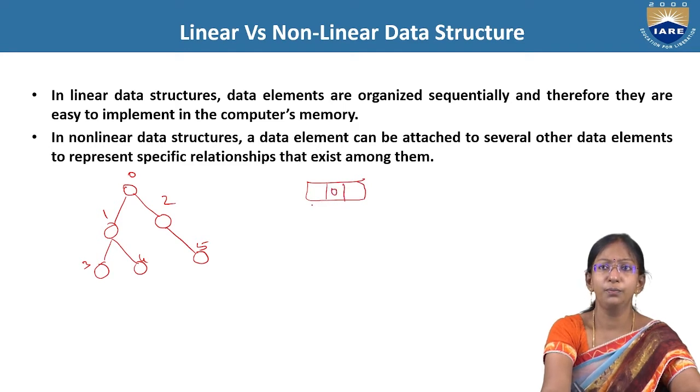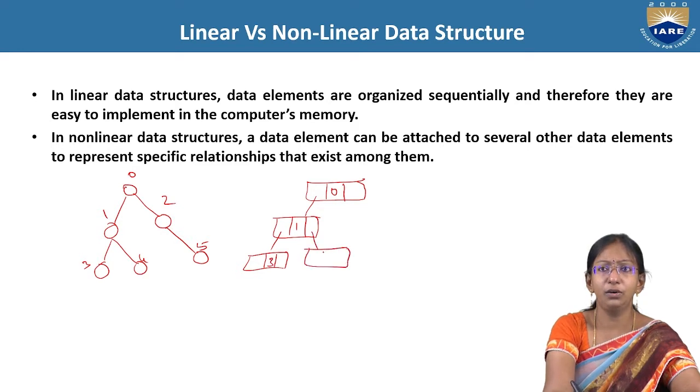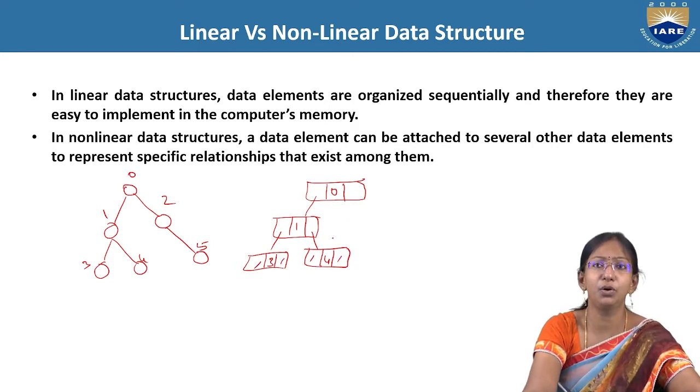So 0 on the left hand side will hold the address of 1, right? 1 is going to hold the address of 3 on the left and the address of 4 on the right. The address parts of 3's left and 4's left and right are null because they are leaf nodes and do not have any children.